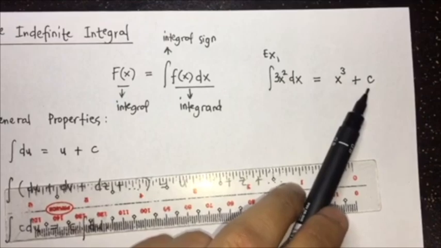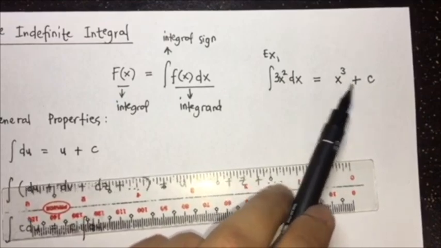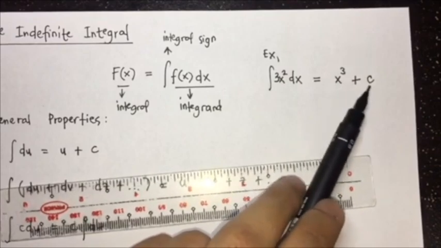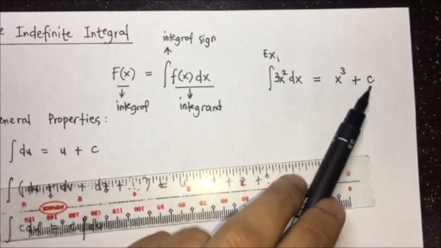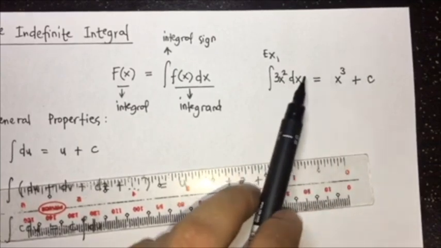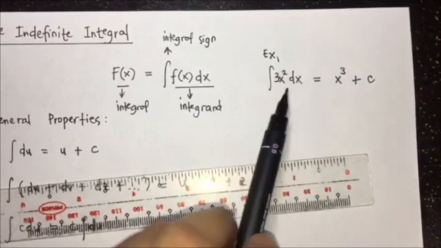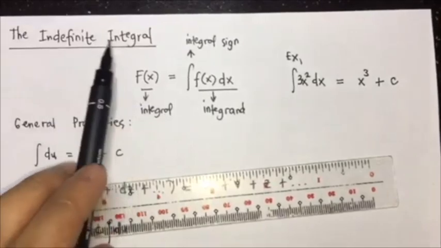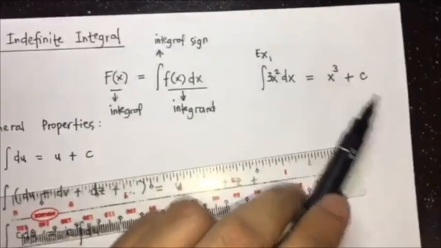All we know is that when we differentiated a function, there was a constant that was omitted because the differential of a constant is 0. So that's why whenever we perform integration, especially if it's an indefinite integral, we must add an arbitrary constant c.